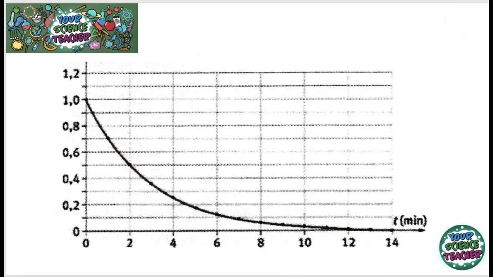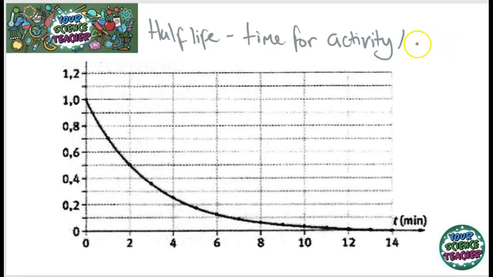When looking at a radioactive source, it's incredibly important to know that radioactive source's half-life. And the half-life is the time for the number of radioactive nuclei to fall by half. Here you can see that this radioactive material has quite a short half-life because it's only measured in minutes.